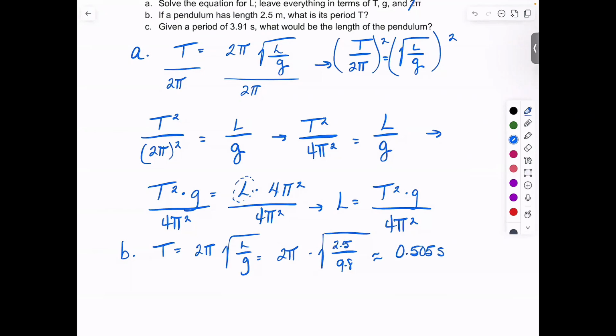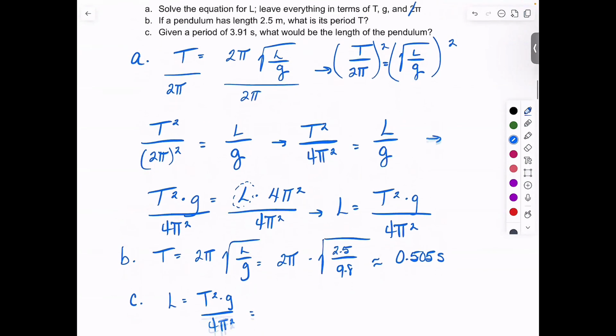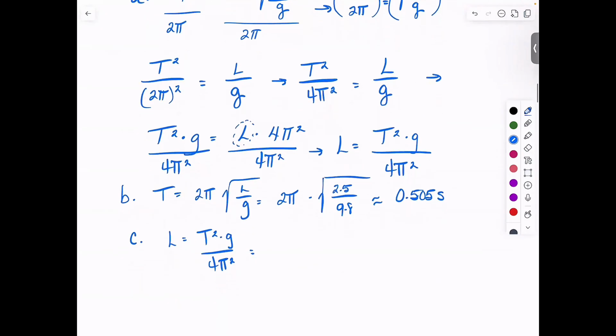And that's in seconds. Now for part C, we know that L equals T squared times gravity over 4 pi squared, the constant 4 pi squared. So given, let's say, they gave us a period of 3.91. I'm just using our equation from part A, and I'll go ahead and put in our numbers.